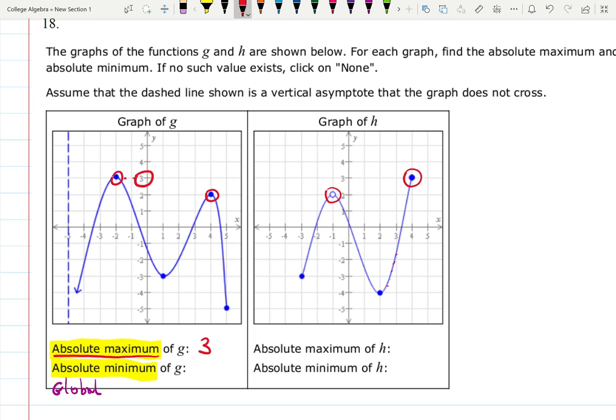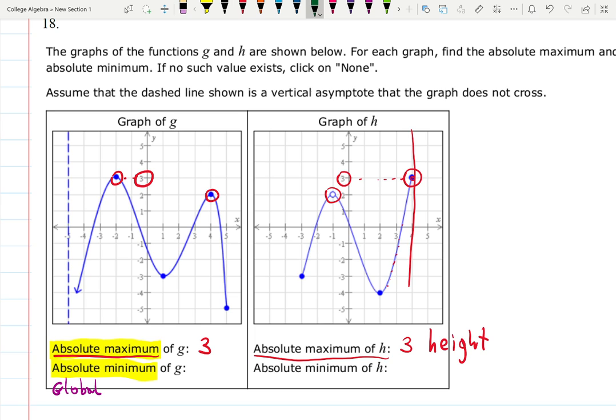I was still hiking, and there was a wall here, but I reached the hill. So they ask what the absolute maximum for h is. Same idea. What's the tallest hill here? The height of this hill is 3.